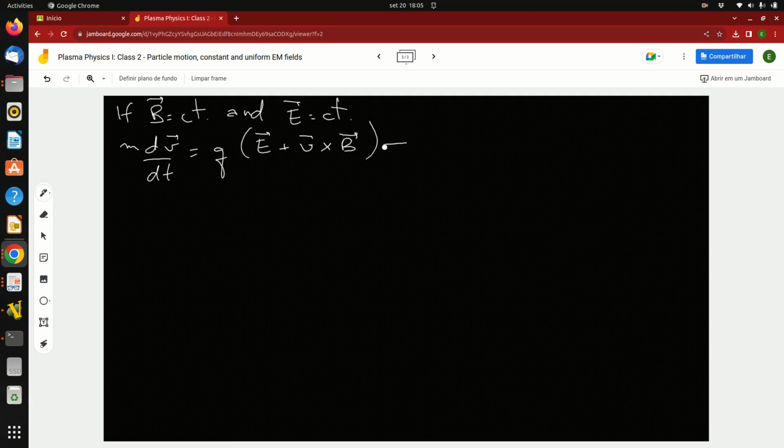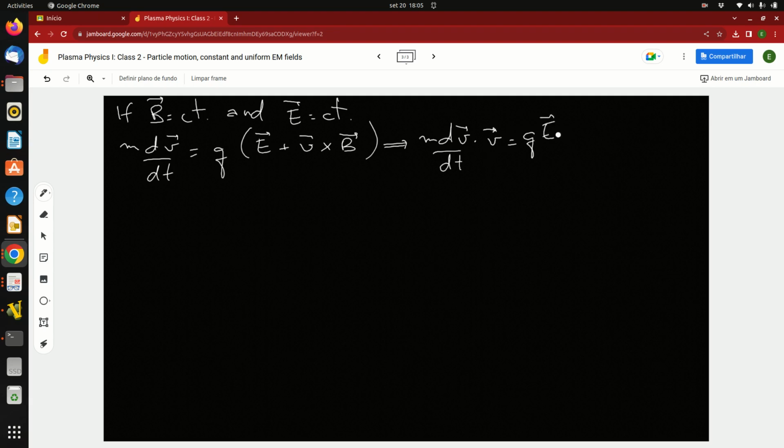Then we know we can multiply this by v, and we end up with dv again, dot product, scalar product with v, q.